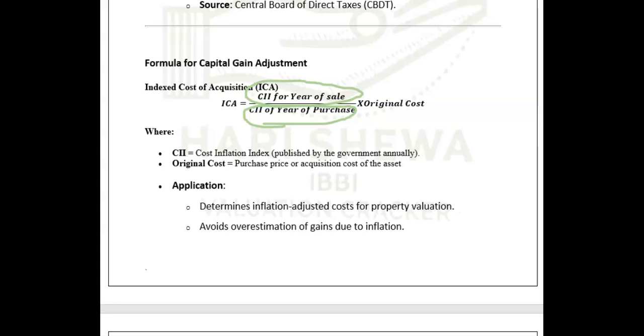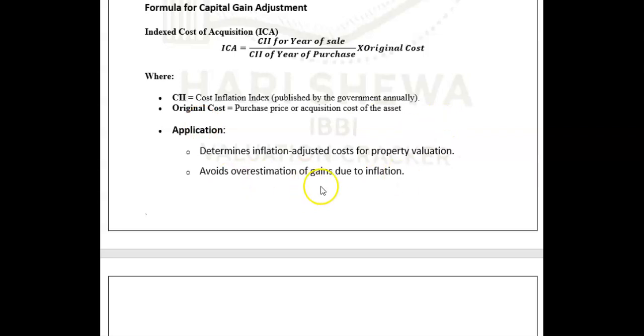You will get the indexed cost of acquisition. For land and building and plant and machinery, a case study may come from this also, capital gain adjustment. This I will explain to you.